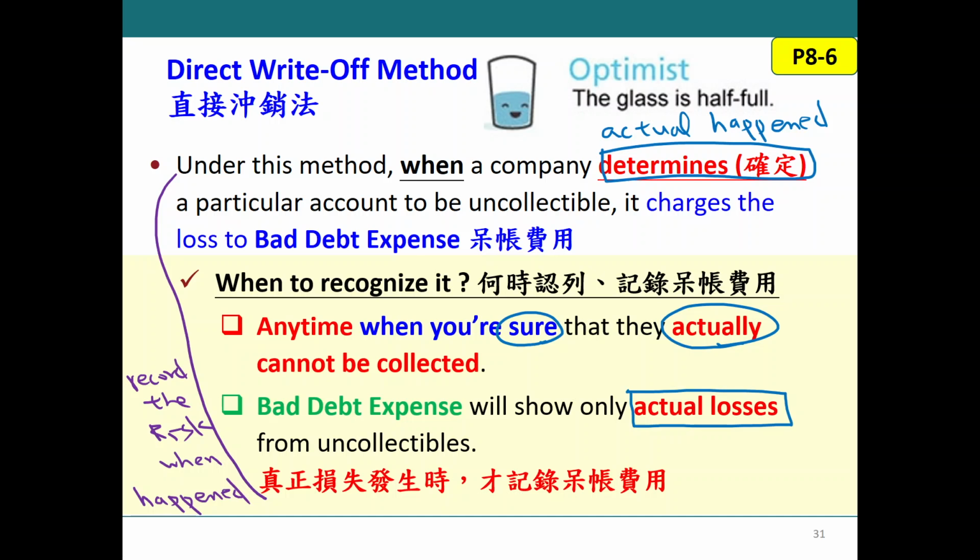So we record the risk only when it happened. Before it happens, what do you think about the risk? No, don't think too much. I just want to live in the moment. How's today? I don't worry about the future. Who knows what happens tomorrow? Don't worry about that. Okay?